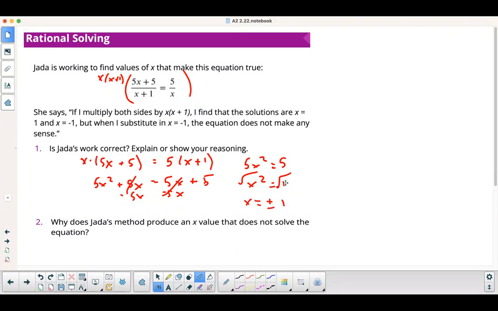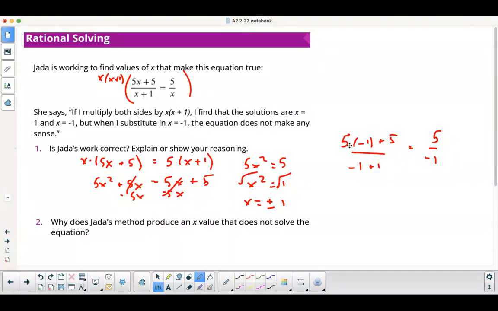I got 1 and negative 1. But when I plug negative 1 back in, it doesn't make any sense. So let's plug it in. So I take 5 times negative 1 plus 5 over negative 1 plus 1 equals 5 over negative 1. They should be equal. So I'm going to just do the math.